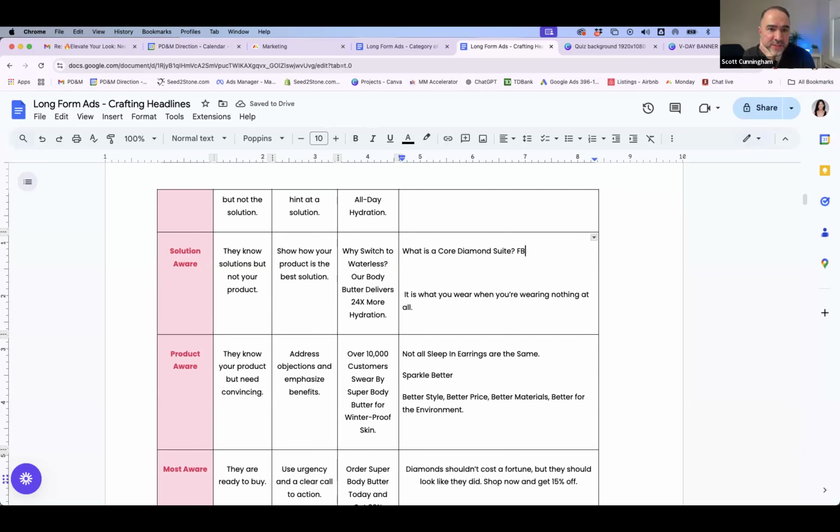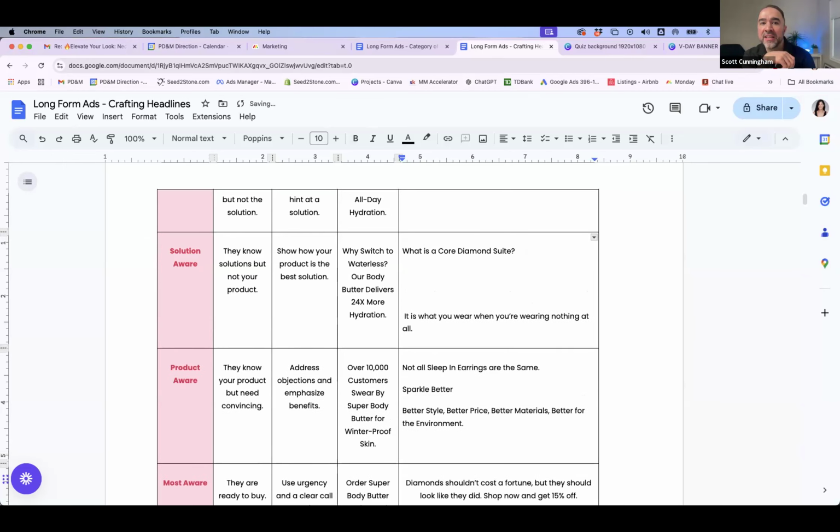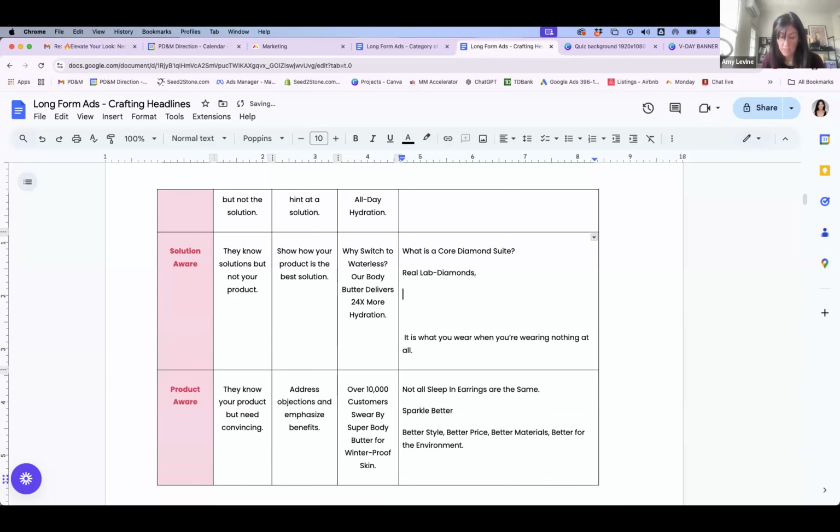See what it says there in the second box: show how your product is the best solution. So it's basically saying that this is going to elevate your outfit and be the most comfortable. That's what we're delivering on. Comfort, elevated look, real diamonds.